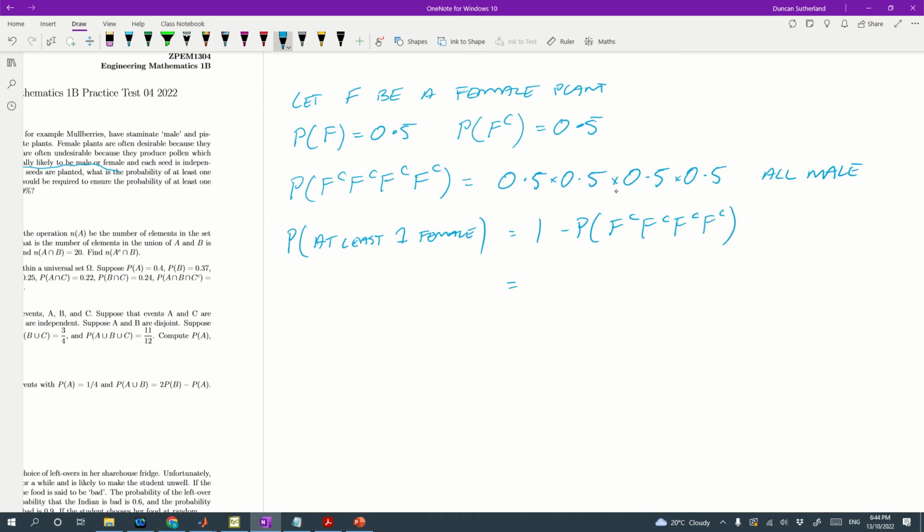So 0.25, 0.125, 0.0625, I believe, and 1 minus 0.0625 is our probability that we get at least one female plant if we're planting 4 seeds.